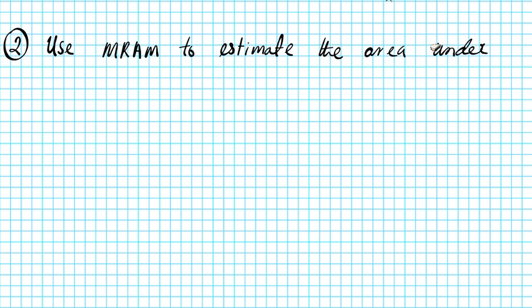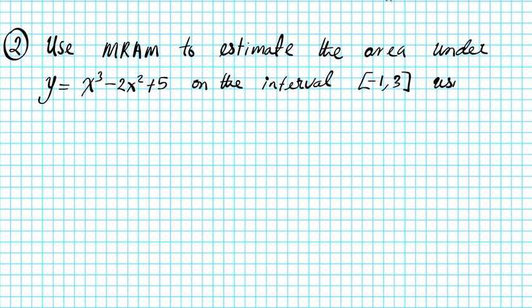So let's do the following. Use MRAM. MRAM is also known as midpoint rectangular approximation to estimate the area under the curve of the equation y equals x to the third minus 2x squared plus 5x plus 5 on the interval -1 to 3 using 4 subintervals.